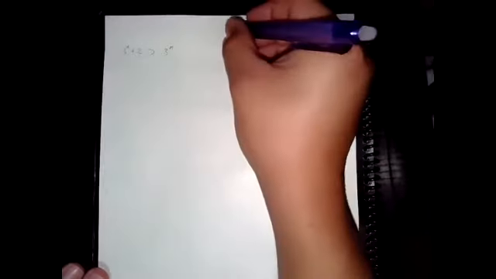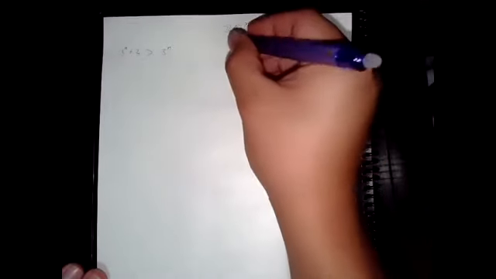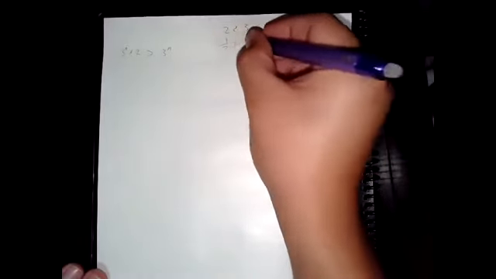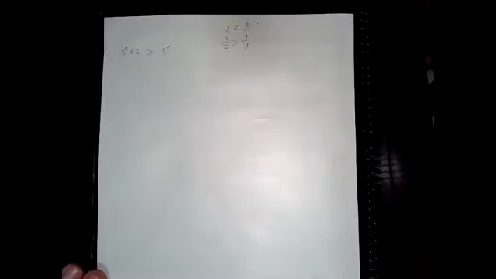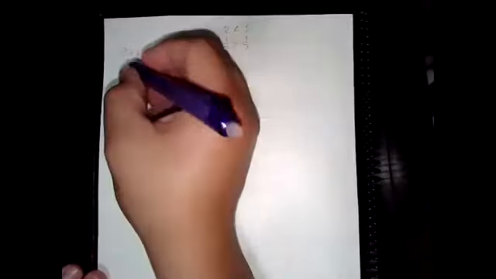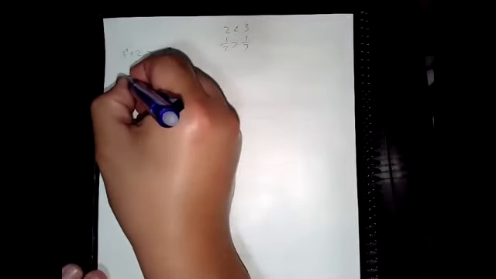Before we do that, you agree that 2 is less than 3. If we take the reciprocal of both of these, you see that 1/2 is now bigger than 1/3, correct? Which means that if I take the reciprocal of this, it would be smaller than this.